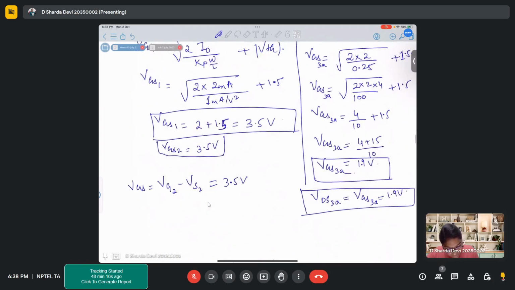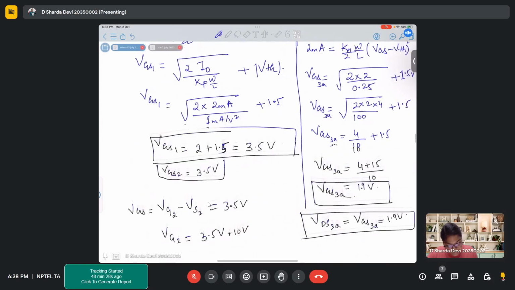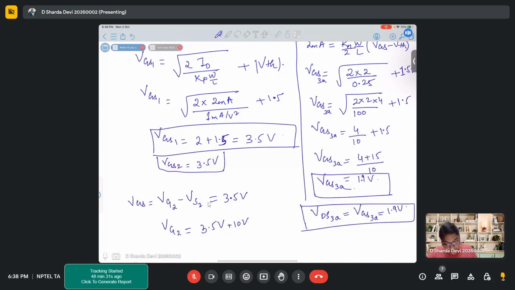If it is for transistor 2, it will be VSG2, so VS2 minus VG2 is 3.5.